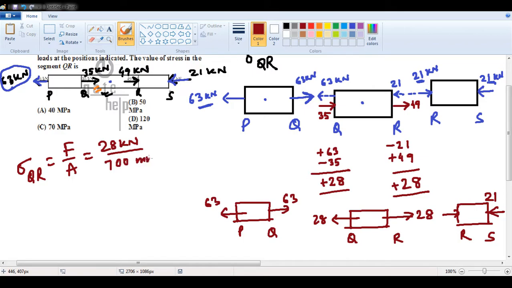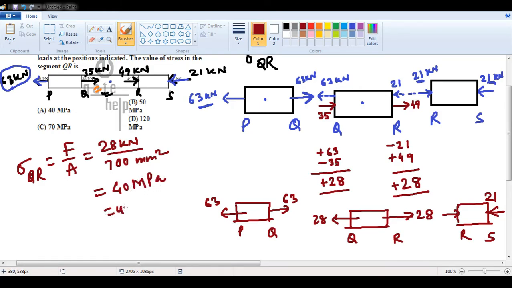700 mm square. So when we put the value over here, what we'll get is quite clear, that it has to go with a megapascal. And if I take further, what we are going to get is as simple as 40 megapascal, right?